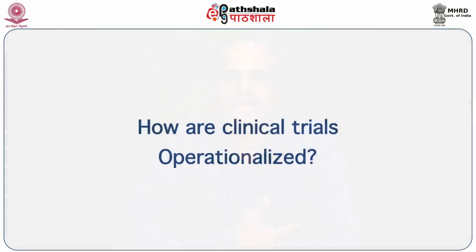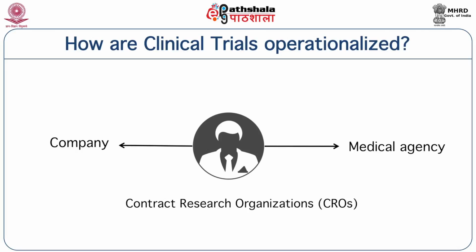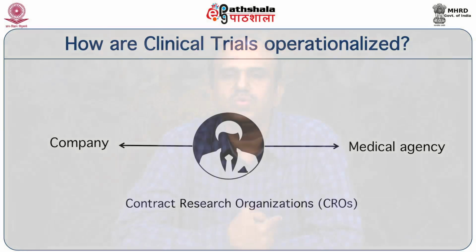And when you look at how these pharma companies operationalize clinical trial research in different countries, they appoint what are called CROs, contract research organizations, who are like intermediaries or a managerial cadre who mediate between the pharma companies and the hospitals and medical professionals to recruit the population at different levels.